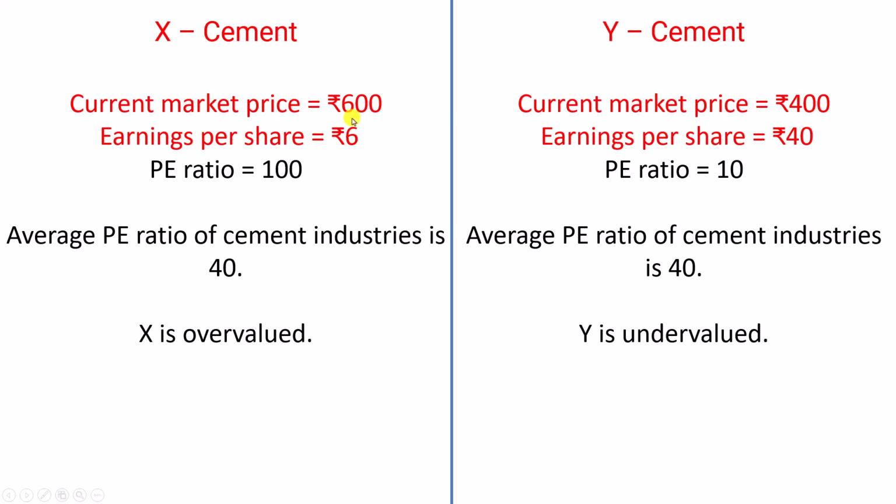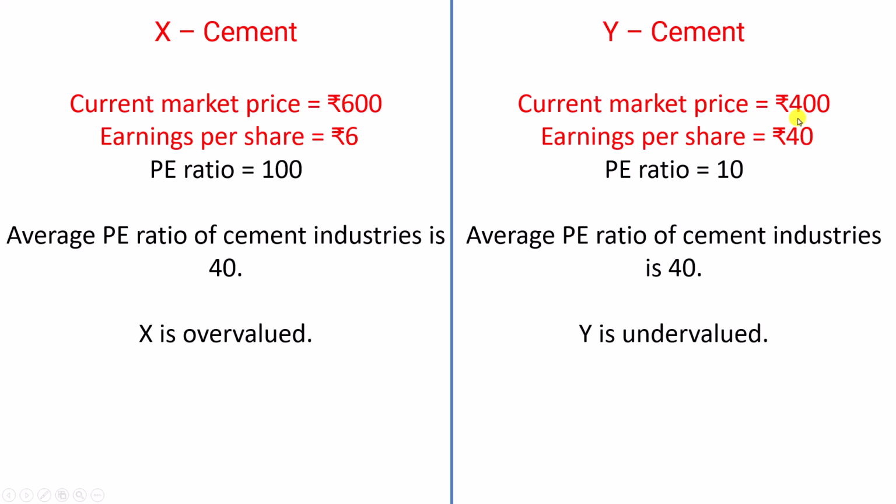Now, people believe that this company will perform better in the future. This company will grow well in the future, and that is why they are willing to pay more to earn less. They are willing to pay 100 rupees to earn 1 rupee. Whereas here, people do not believe that the company will do better.